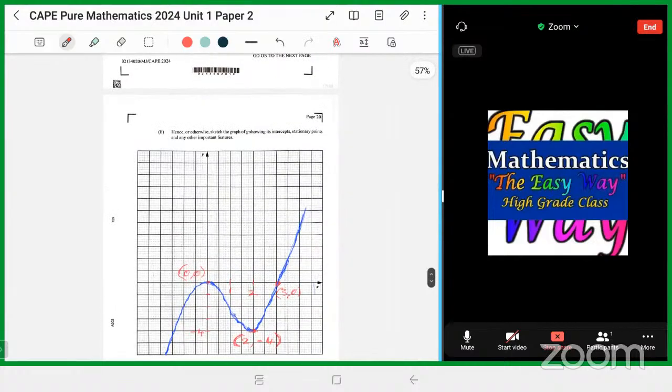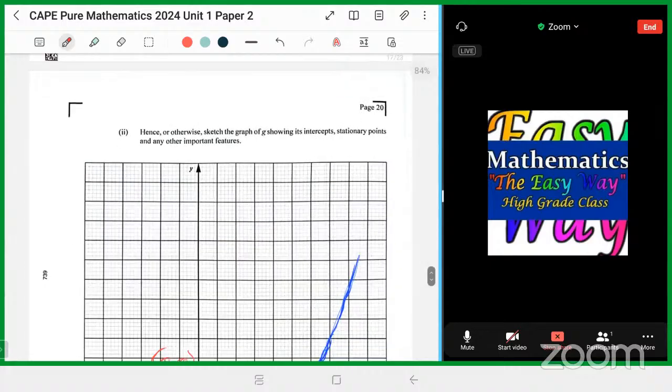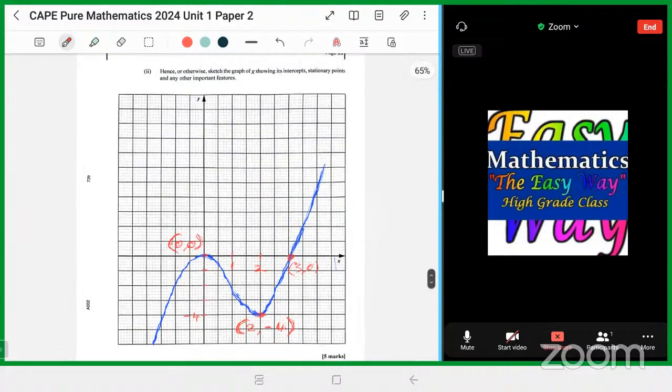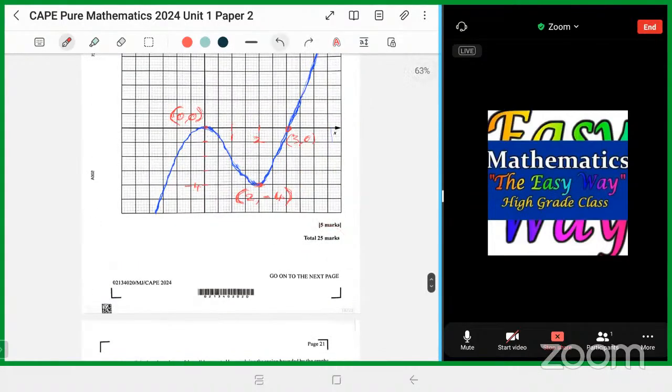Yes, another feature, stationary points. Do I have another important feature? That is it. I don't know of any other important feature. That is it. That finishes this question. Yep.